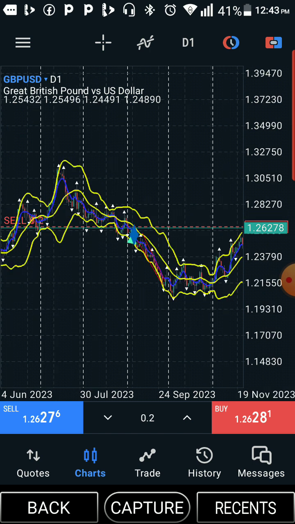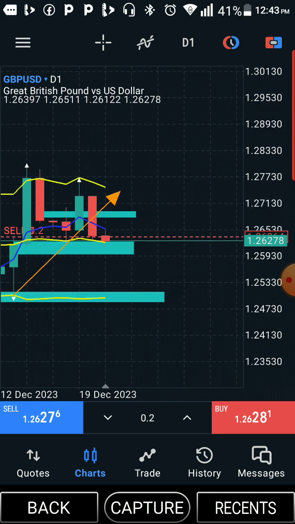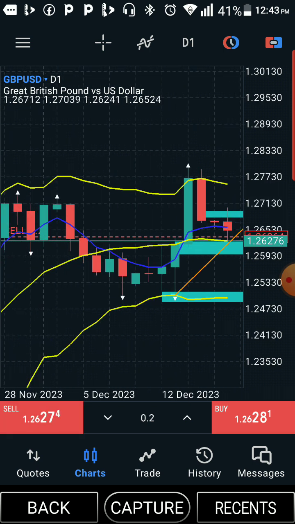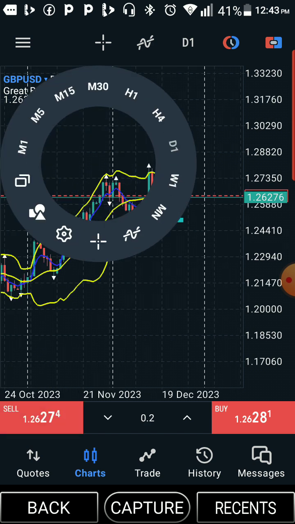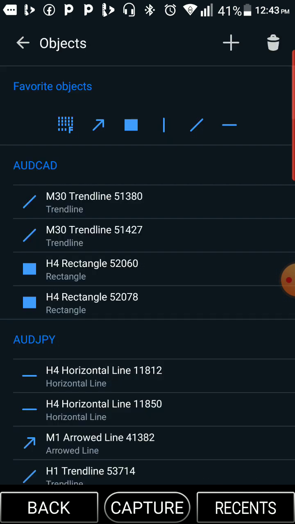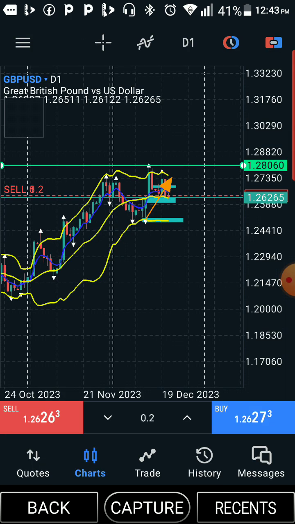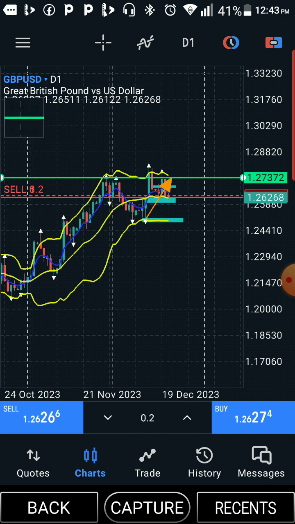And I zoom in. When I reached this stage in the daily time frame, I saw this price action, because I'm going to be analyzing price action. As you can see, price had already made what I call support at around here.